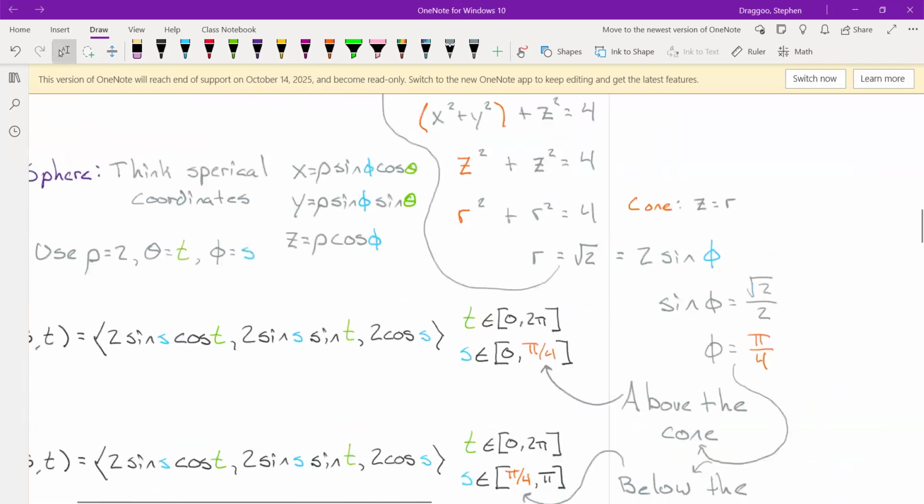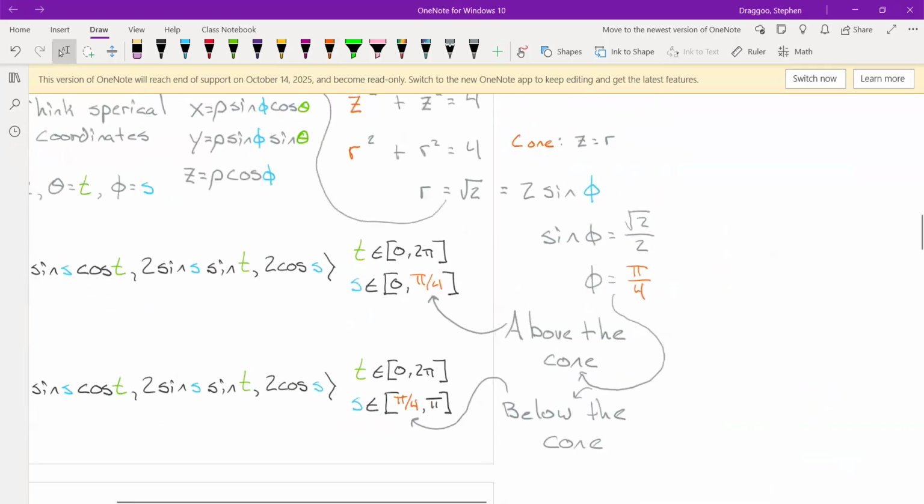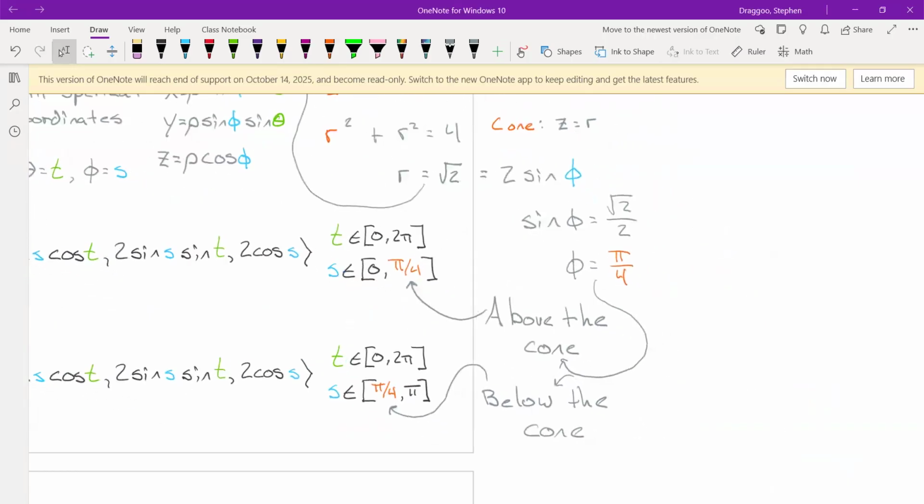But then when we switch that over to spherical coordinates, it's not the radius that we need to find a boundary for, but instead our phi surrogate angle, so the angle that isn't theta. And we found that those two objects, the cone and the sphere, intersect at an angle of phi equals pi over 4. When I switched over to my spherical coordinate parameterization, I'm still using t for theta because t and theta work out nicely like that.